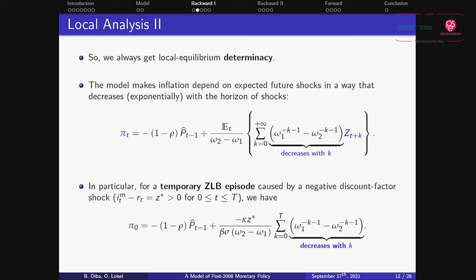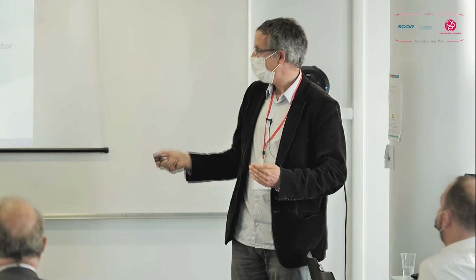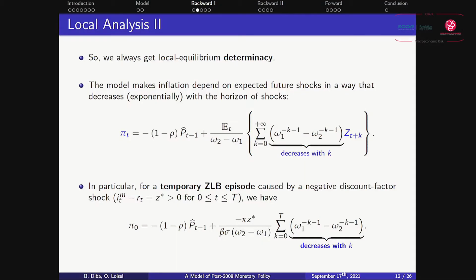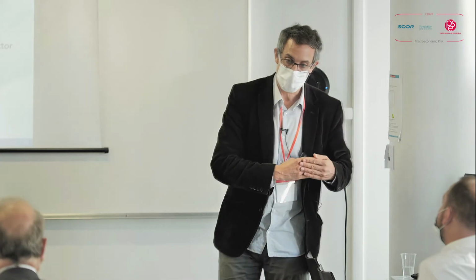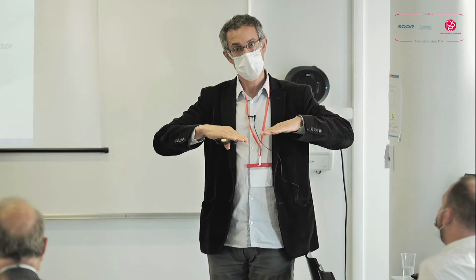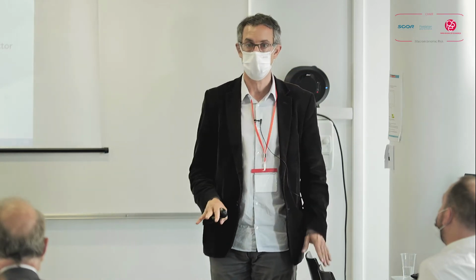You replace ZT plus K here by the corresponding value, and what you get is that inflation at the start of this temporary ZLB episode, pi 0, depends on the sum of these coefficients until date cap T. But because this is a geometric sum, and because omega 1, omega 2 are higher than 1, this sum converges to a finite value as cap T increases. So as the expected duration of the ZLB episode increases to infinity, inflation falls, but by less and less, and converges to a finite value.